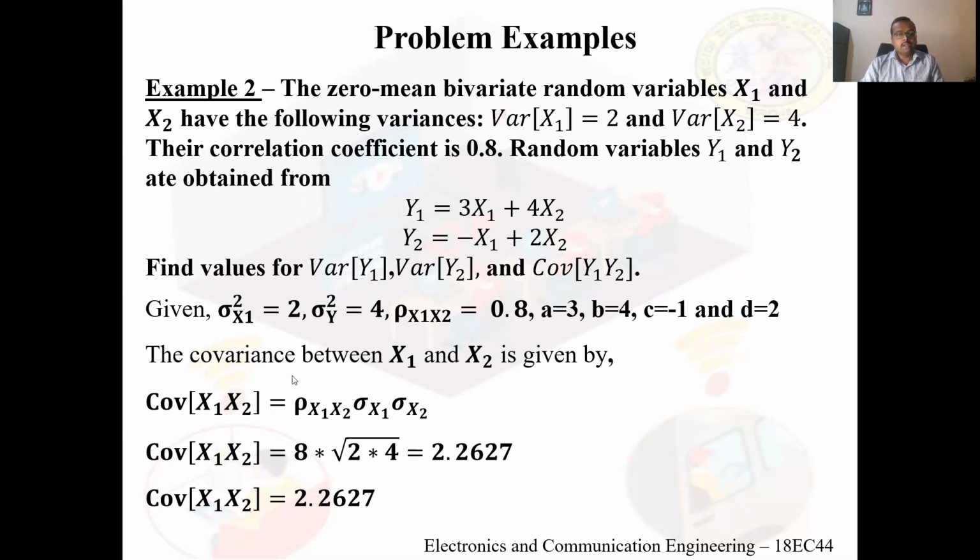We know the formula: covariance of x1, x2 is equal to rho of x1, x2 times sigma x1 multiplied by sigma x2. The correlation coefficient is given as 0.8, and sigma x1 sigma x2 will be the square root of 2 into 4, which is 2.8284, so the covariance is 2.2627.